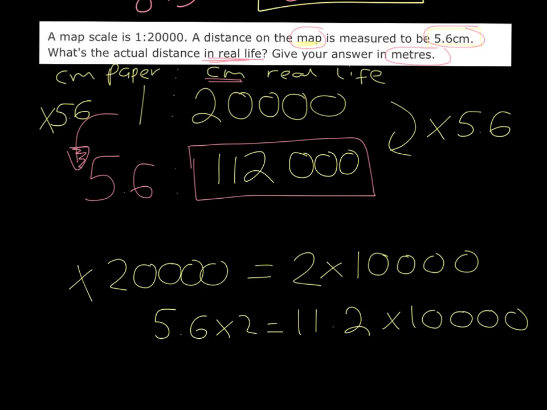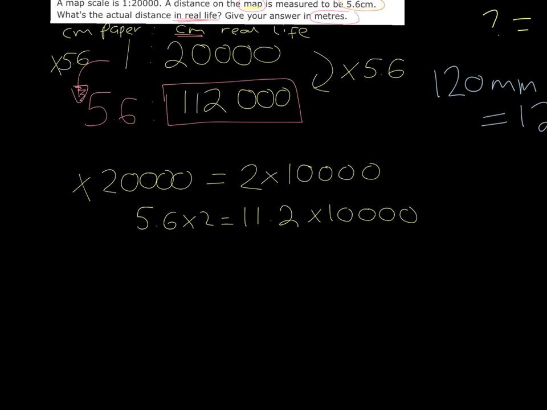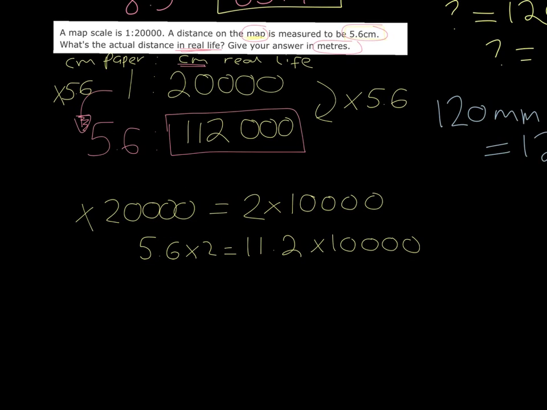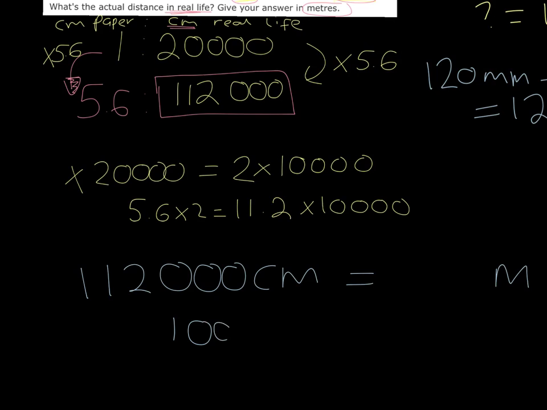Okay, so we still haven't quite finished the question. The question asked to give your answer in metres, so we've currently got our answer. Our current answer is 112,000 centimetres. We need to change that into metres. So 1 metre is 100 centimetres.